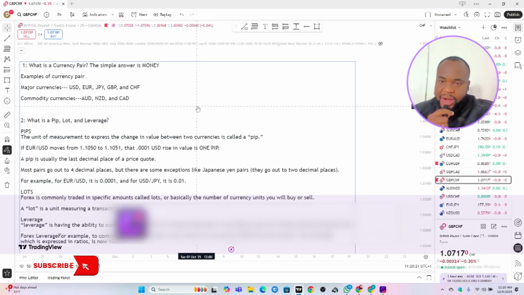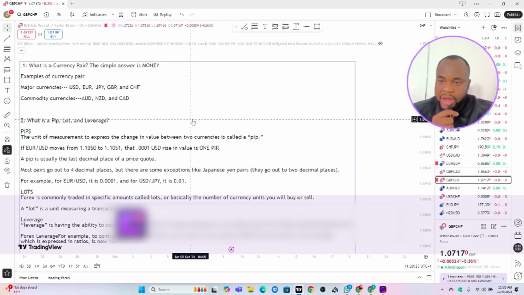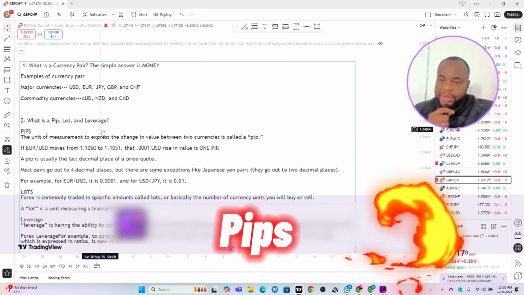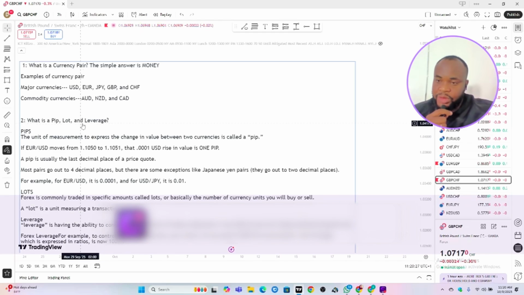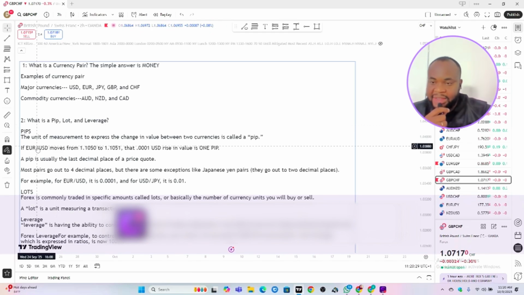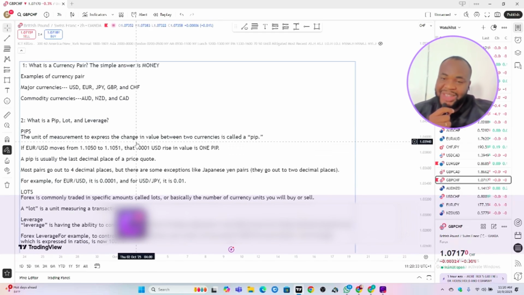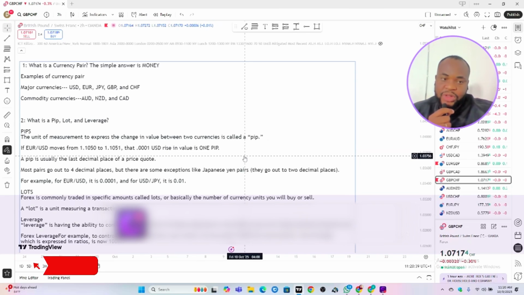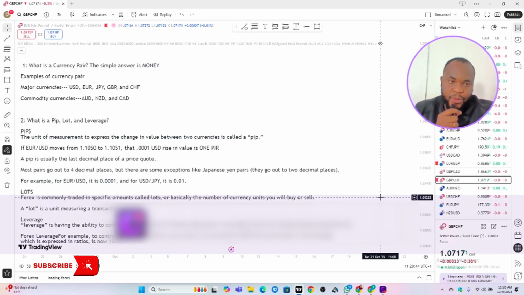So we'll be moving now to pips. Pips are the units of measurement to express the change in value between two currencies. So that's what is called pips. Pips is like when you buy a pair and the pair is rising, so it's moving up.